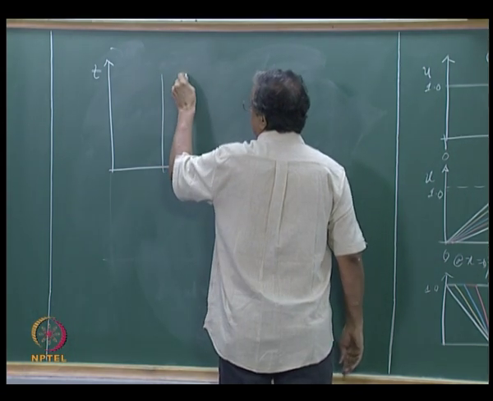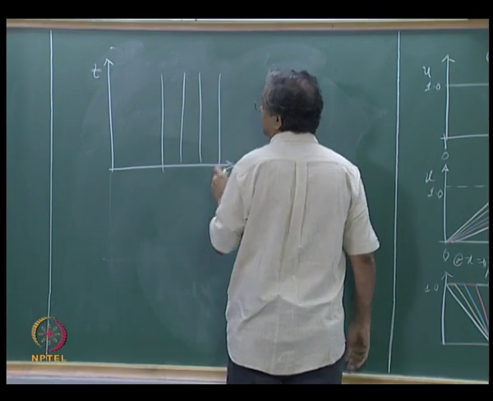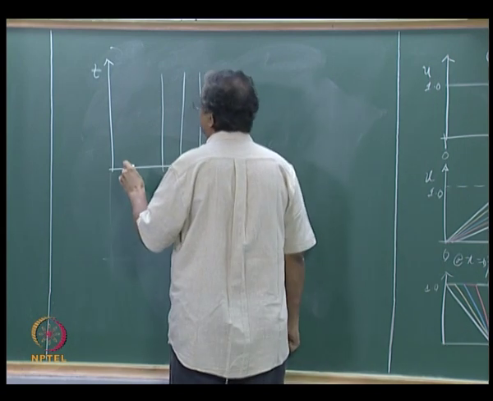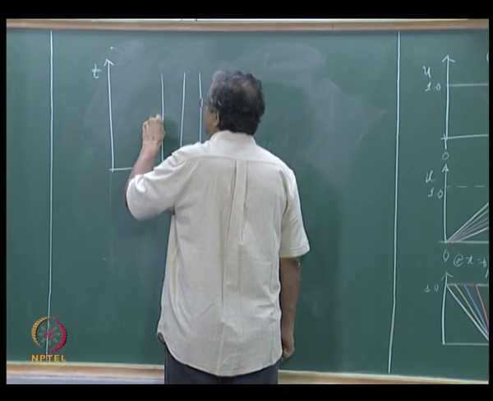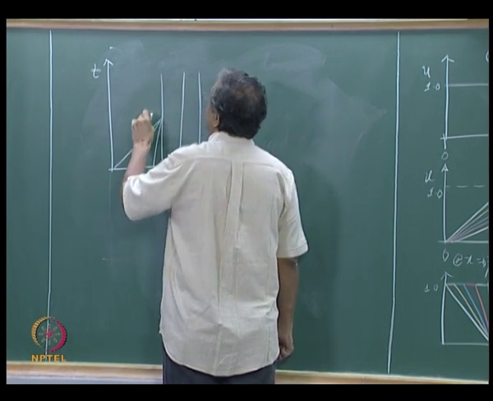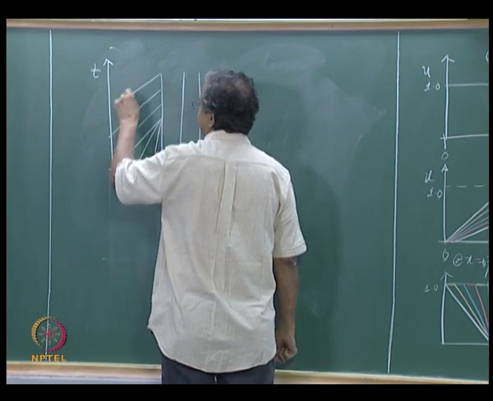So you expect to get this. I shouldn't have drawn these vertical lines first, but it's okay, I change it, and then you have these lines, and of course you have conditions coming from the left which I have not drawn there.